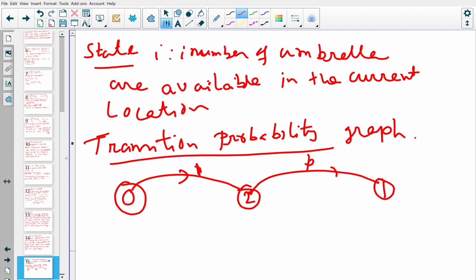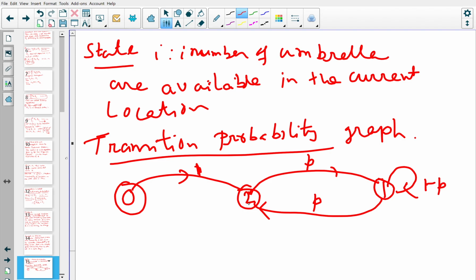Okay. And suppose he is where there is one umbrella and it is raining with probability P, then he goes to the new state having two umbrellas, because he has one umbrella here, so the other umbrella must be at his other place, but when he goes to that place it becomes two umbrellas, right? Now when there is one umbrella and there is no rain, then the umbrella will be there already, so there will be one umbrella and this will be 1 minus P, the complement probability.